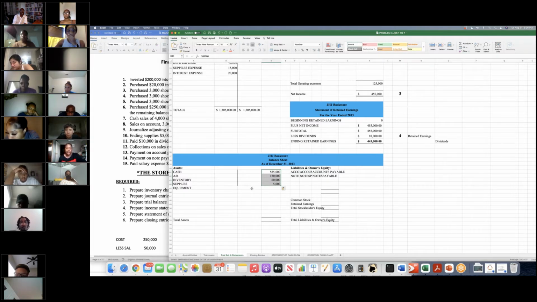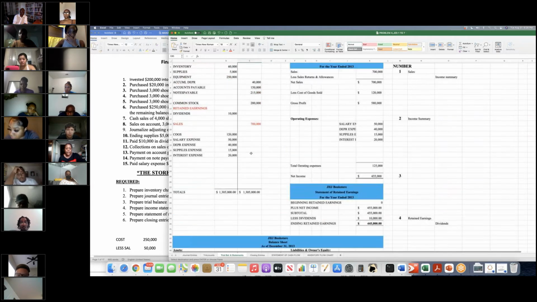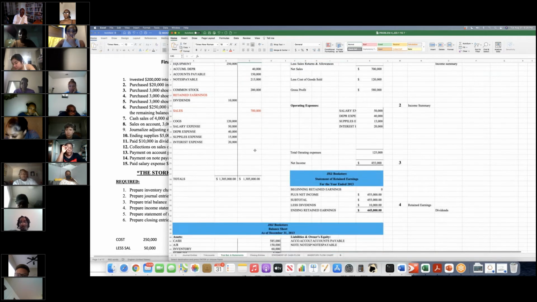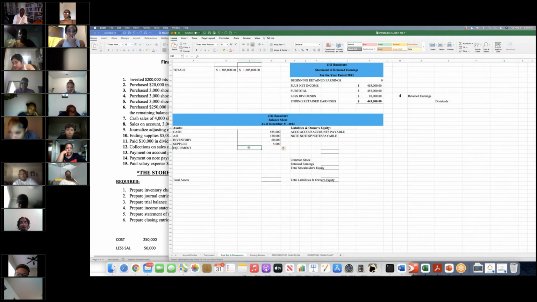This gives me everything except equipment. So I'm gonna come over one for equipment. And we said the equipment was in there at 250,000, right? Correct.